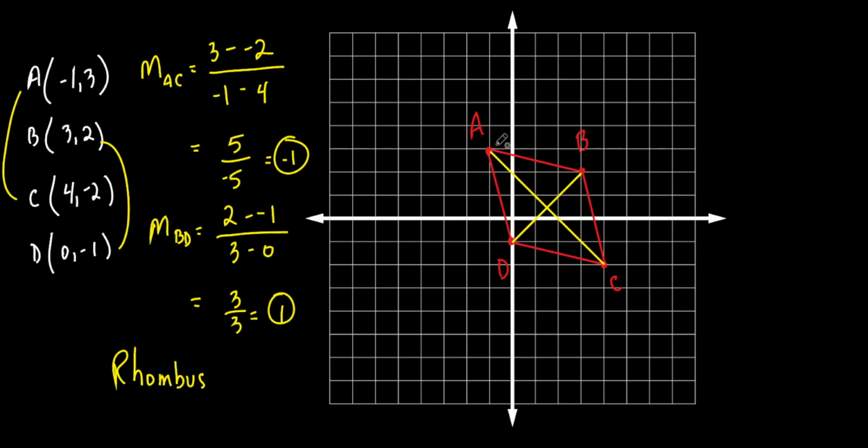That would have been 4 things, and each one of those would take longer than just doing one of these. Agreed? So you could have done that, and that would have been fine, and you could have said that it was a rhombus because all 4 sides were equal to each other. But it's a lot easier just looking at the diagonals and saying, oh, if the diagonals are perpendicular, yeah, that makes it a rhombus. We good?